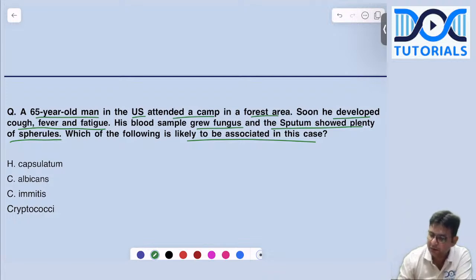As you have told, the answer is A, Histoplasma capsulatum? Who said spherules are seen in histoplasmosis?